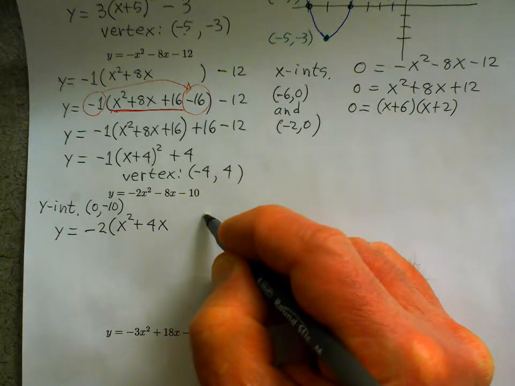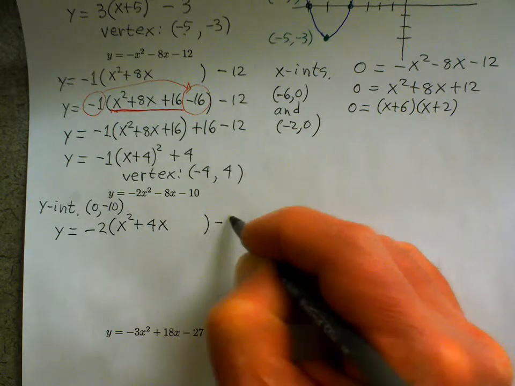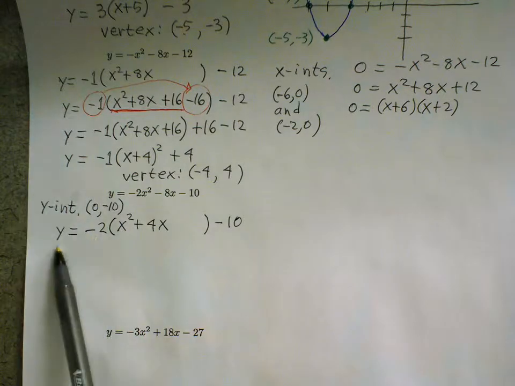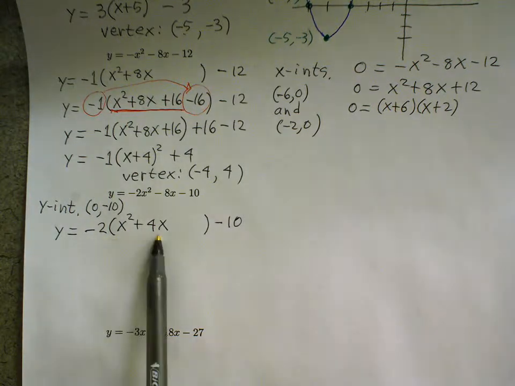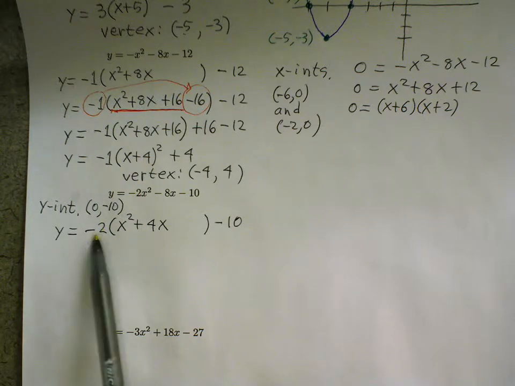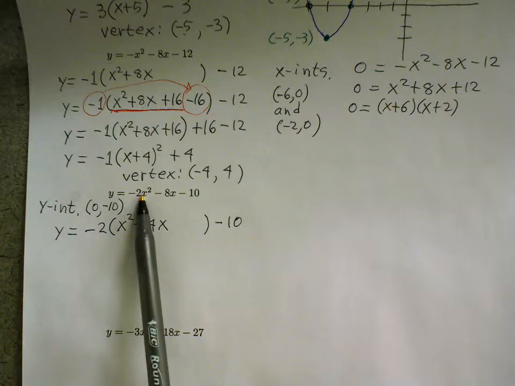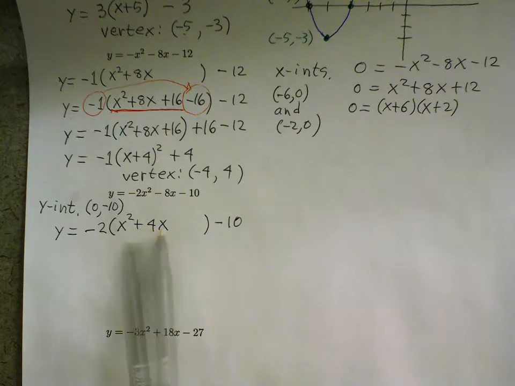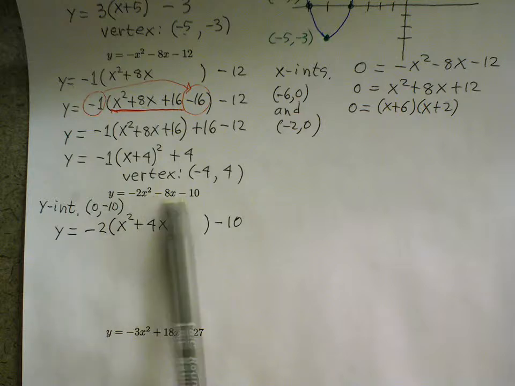And then right parenthesis, and then put minus 10 on the outside. As always, whenever you're factoring, you can check your factoring by multiplying. So at a glance, we can see that negative 2 times x squared is negative 2x squared, and negative 2 times positive 4x gives us a minus 8x.